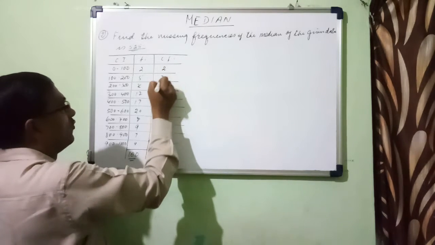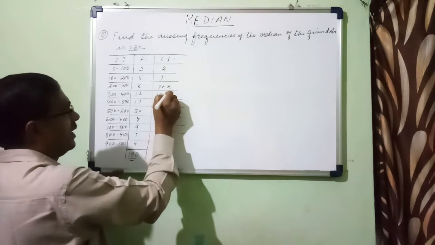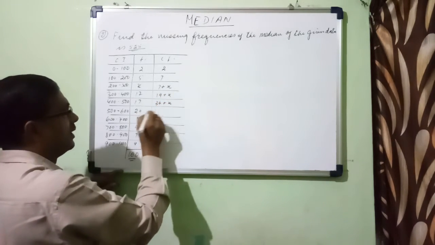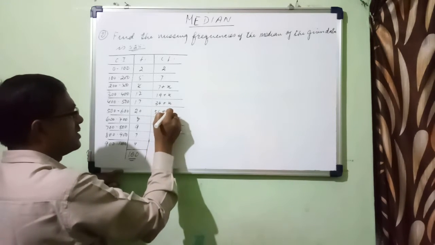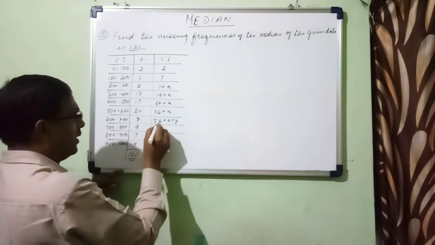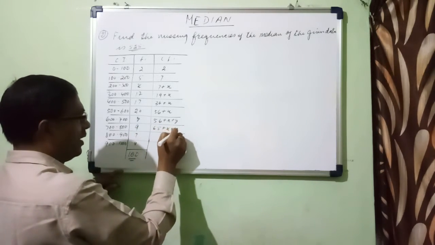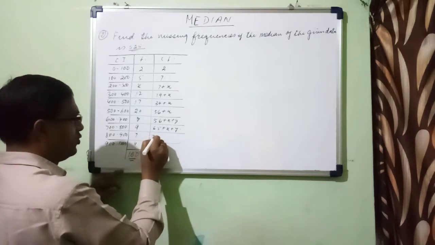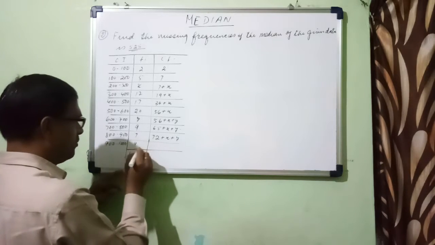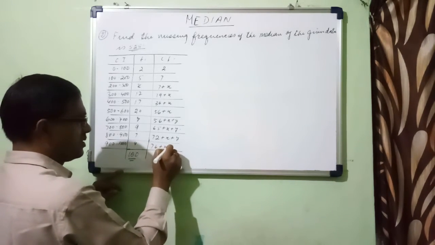This is 2, 5, 7, 7 plus X, 19 plus X, 19 plus 17 is 36 plus X, then 56 plus X, 56 plus X plus Y, and then 65 plus X plus Y, then 72 plus X plus Y, and then here 76 plus X plus Y.